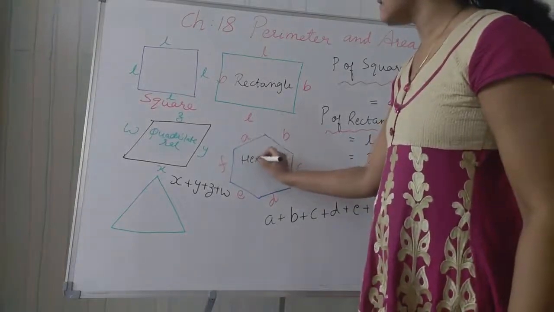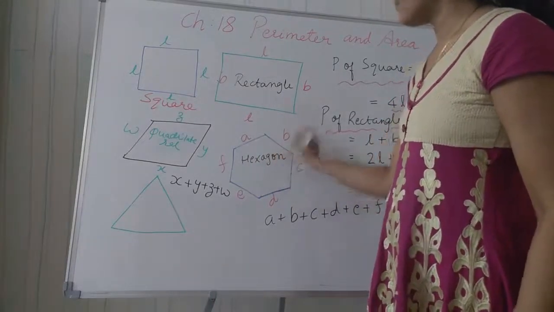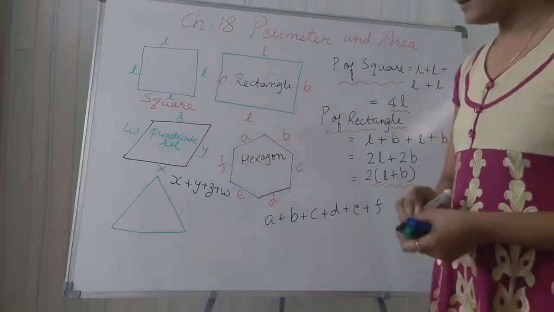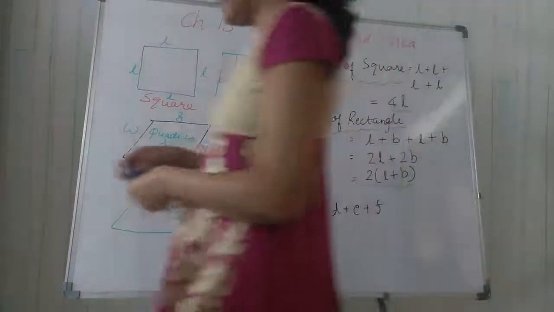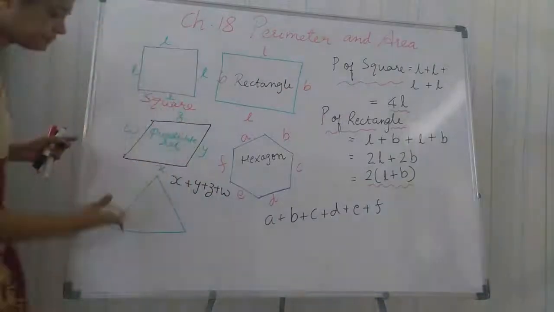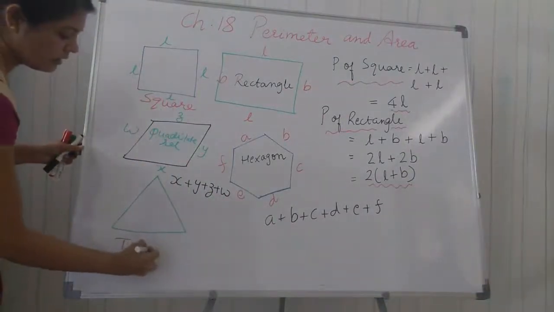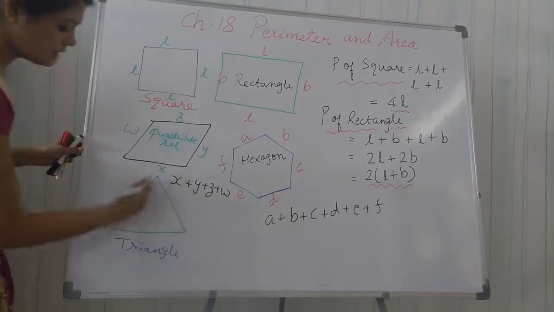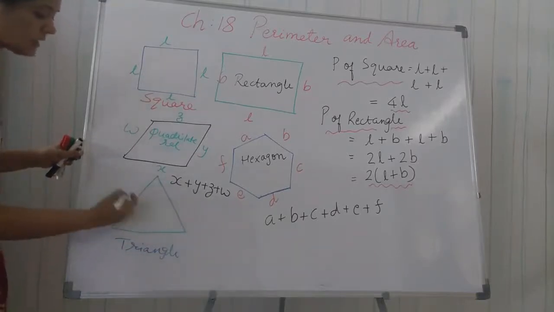This is the hexagon shape. And the last is triangle. In the shape triangle, we have 3 sides, you can see 3 sides.